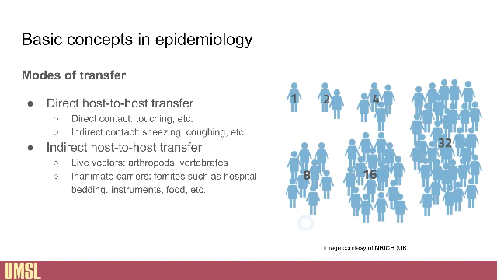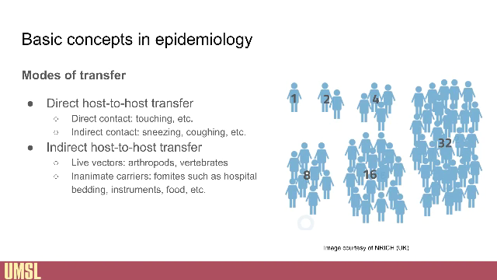So you have direct host-to-host transfer, so this requires direct contact, touching, etc. And this can also be indirect in that me being close to this table, and if I were to have a horrible hacking cough and not cover my mouth, I could potentially get everyone at this table sick, right? And so that falls into this category of direct host-to-host transfer.